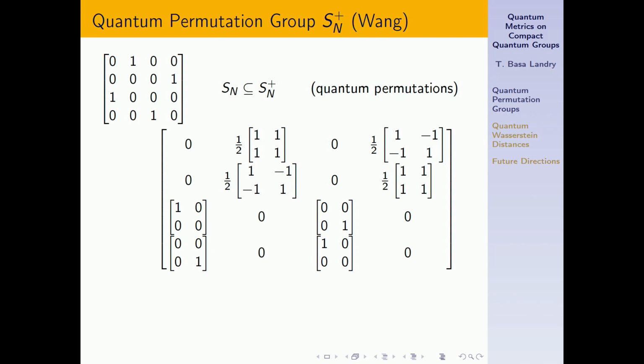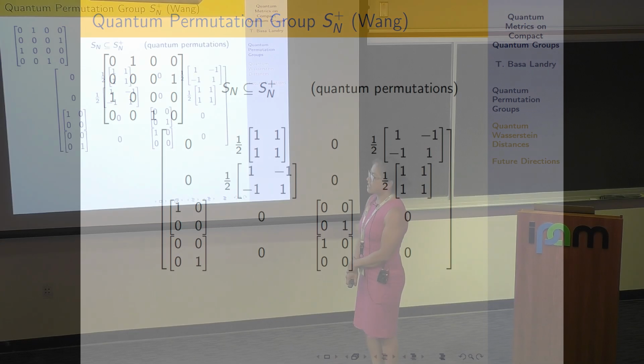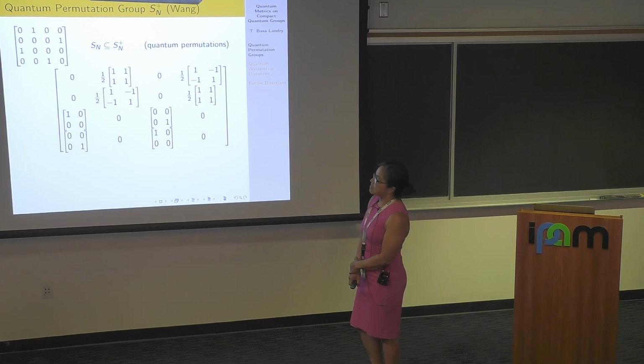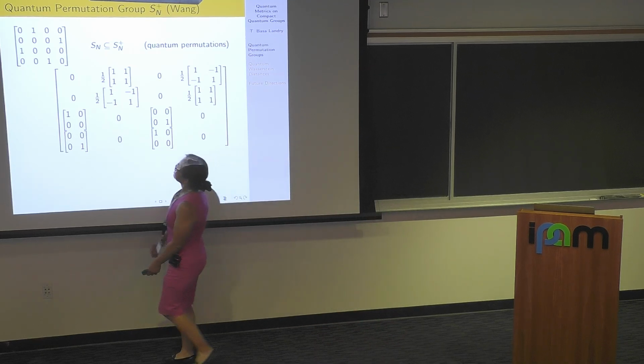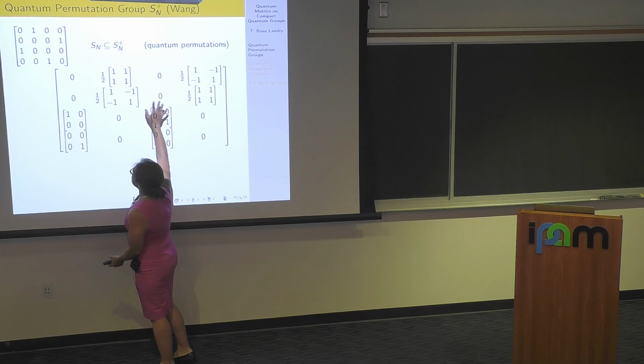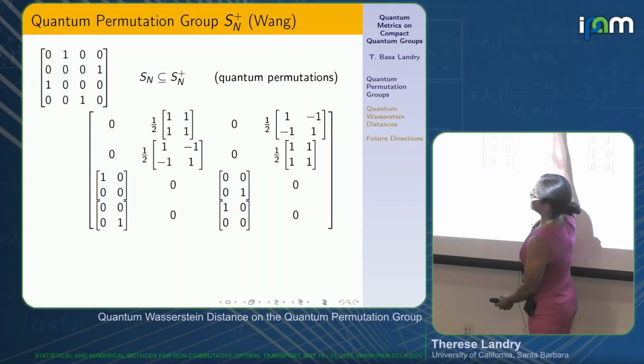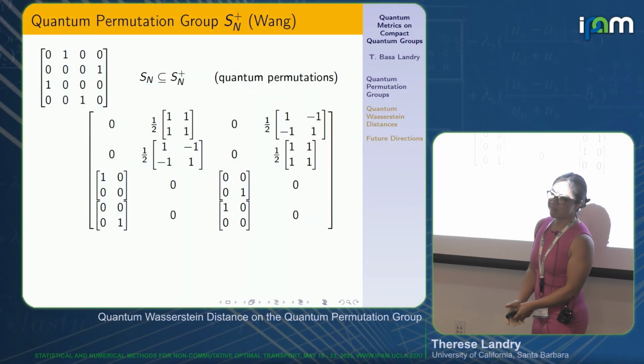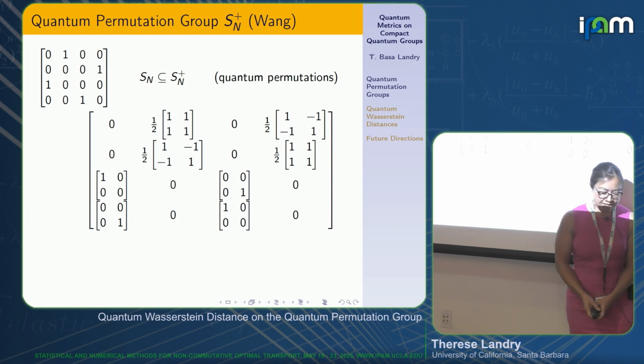That's also an example of a quantum symmetry. But here's another example of a quantum symmetry on a 4-point space, and this is where you can see the quantum nature. Here, whatever's in the second position gets taken a little bit to the first position and a little bit to the second position.